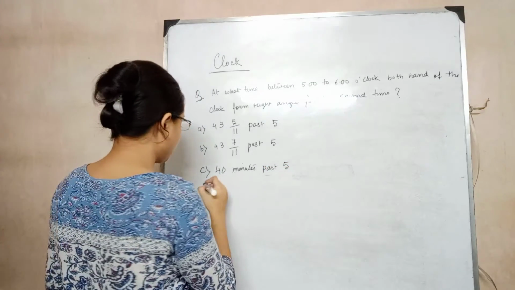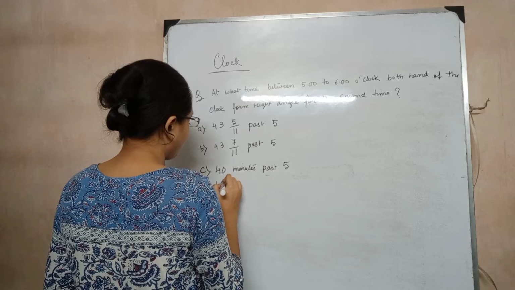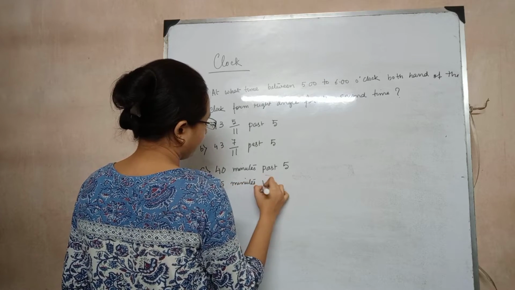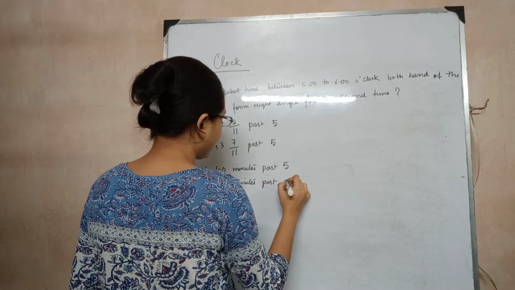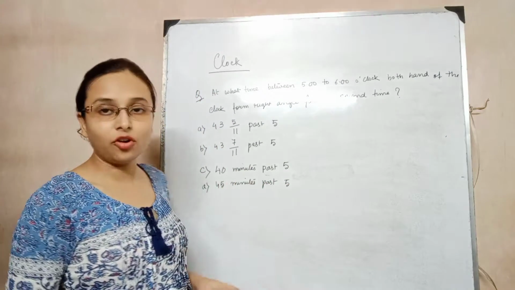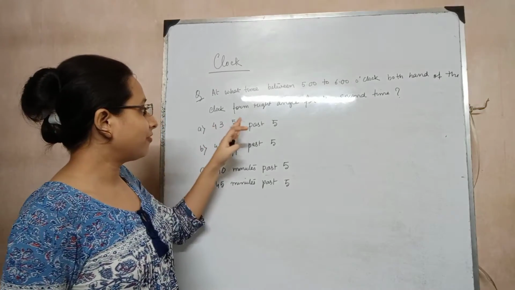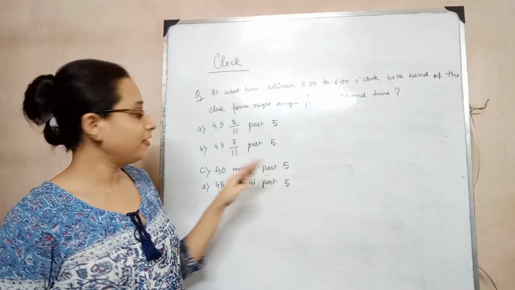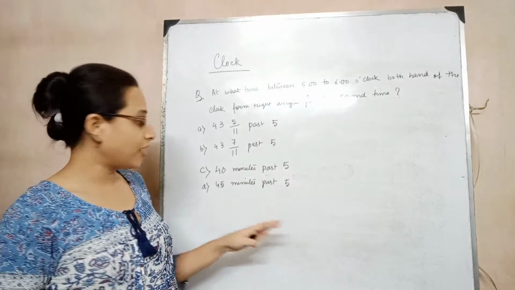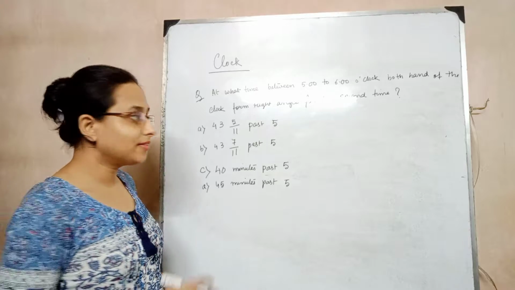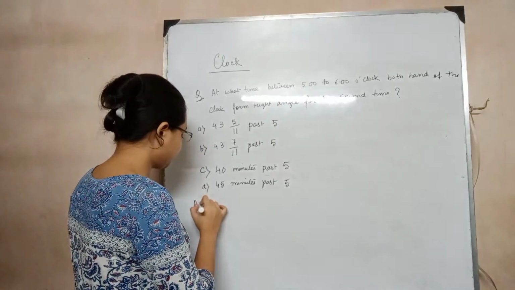And the last option is 45 minutes past 5. Okay. So these are the 4 options. 43 5/11 past 5. 43 7/11 past 5. 40 minutes past 5. 45 minutes past 5. Now after this, I will begin with the solution.